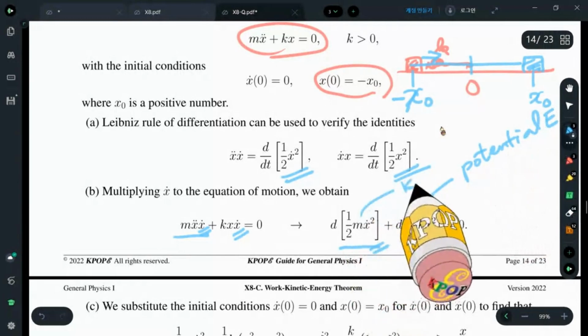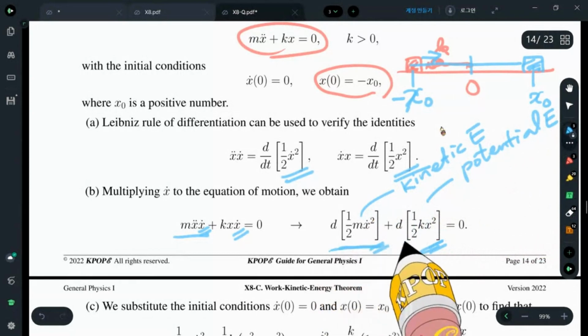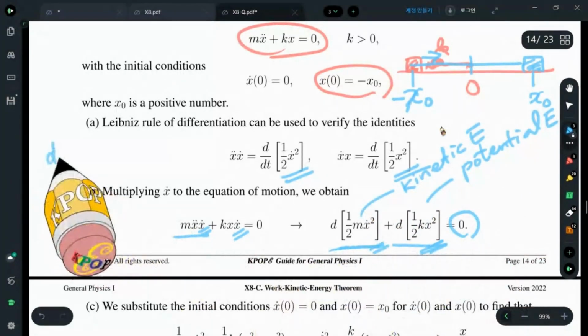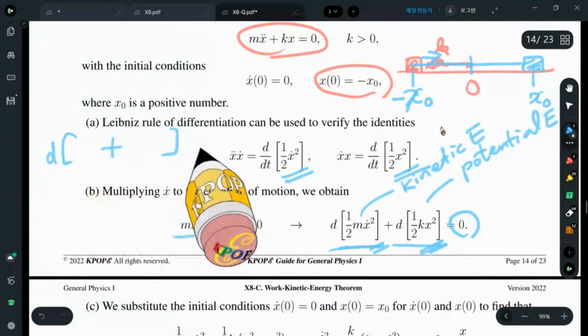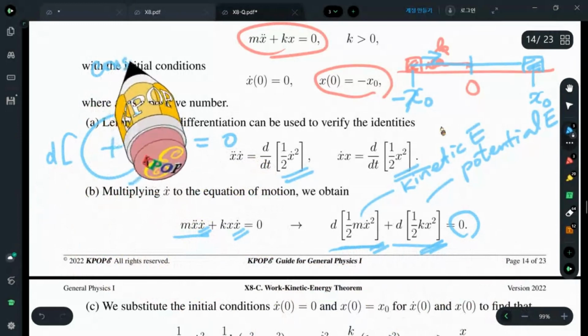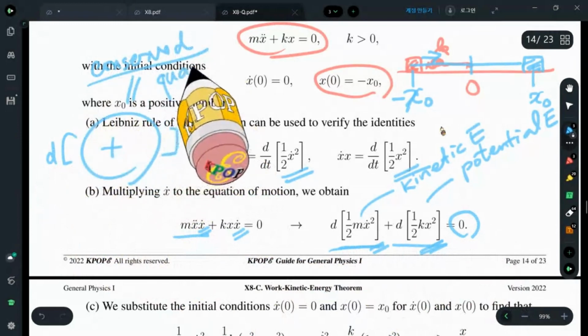And this is the kinetic energy. Because the differential of the sum is always 0, that means this is a conserved quantity.